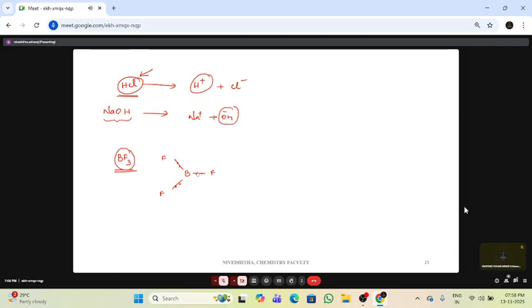So boron is in need of 2 more electrons. Though BF3 seems to be a neutral molecule, this boron is in need of electrons. So BF3 is also called an electron pair acceptor. Basically BF3 comes under incomplete octet compounds.